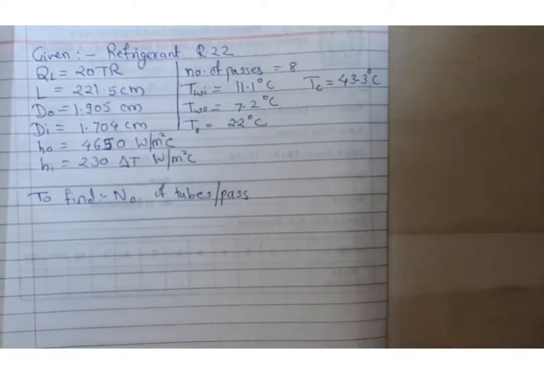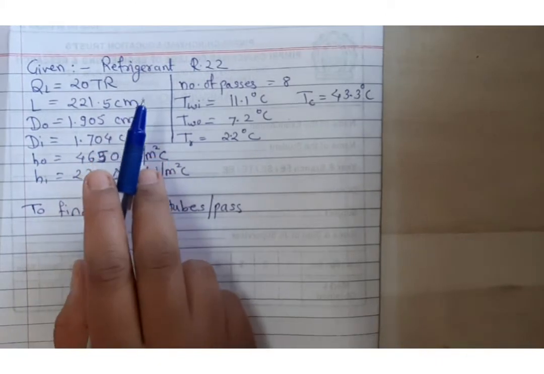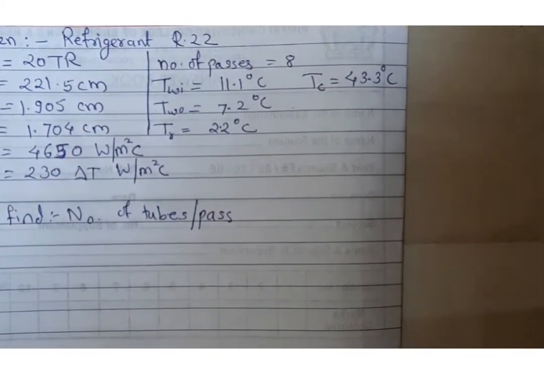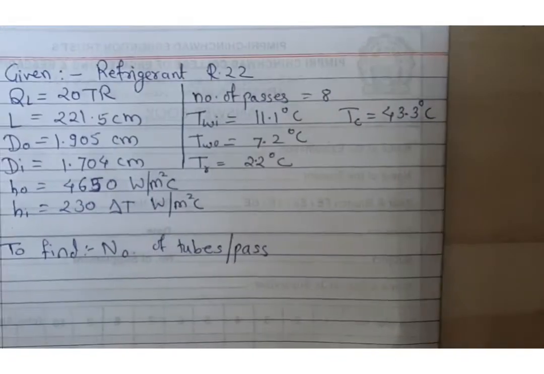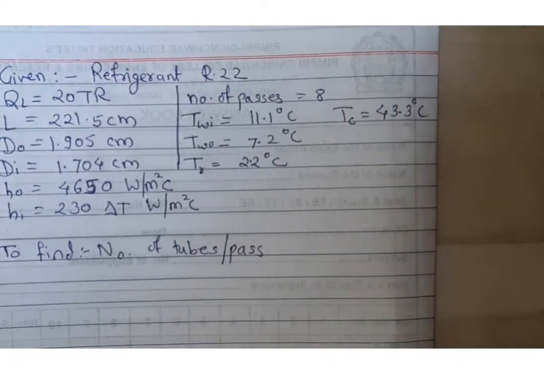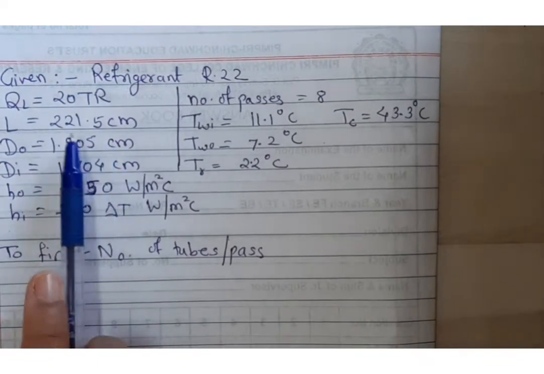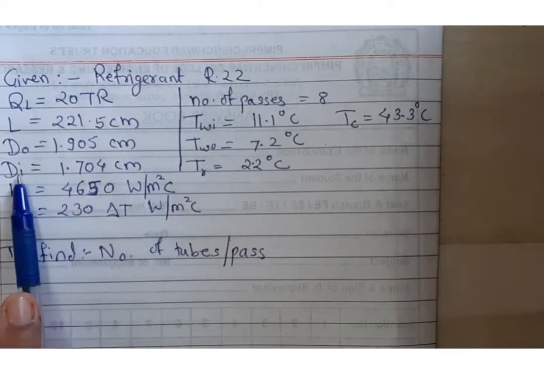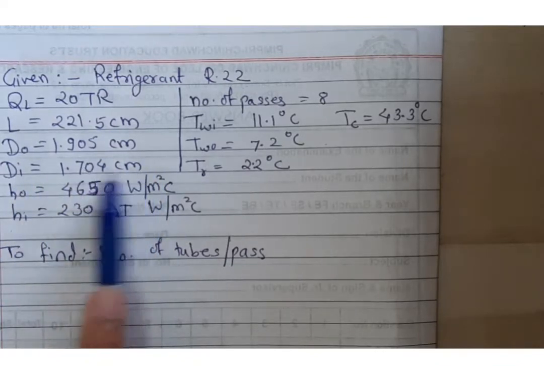So here is the given data. Refrigerant used here is R22. QL is 20 TR. Length 221.5. DO 1.905 centimeter. DI is 1.704 centimeter.